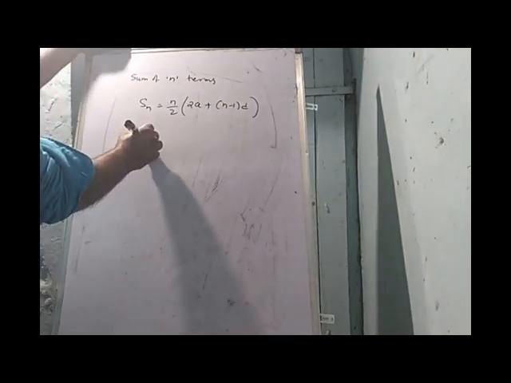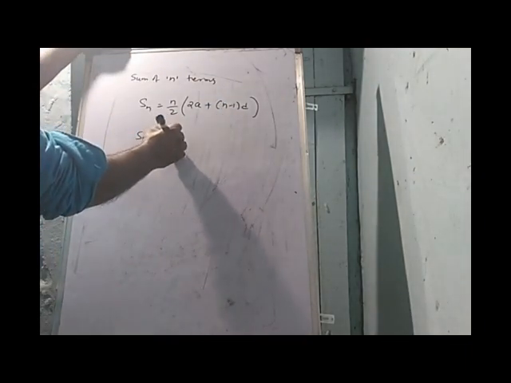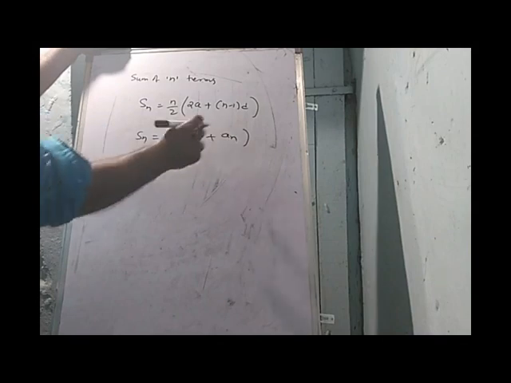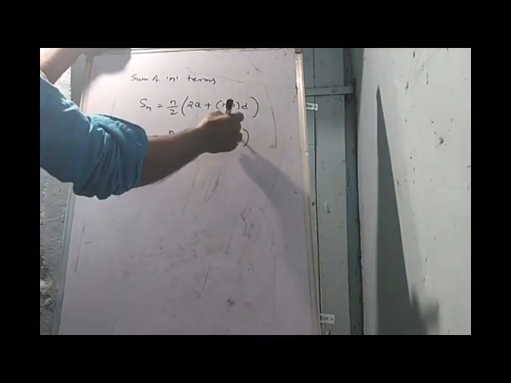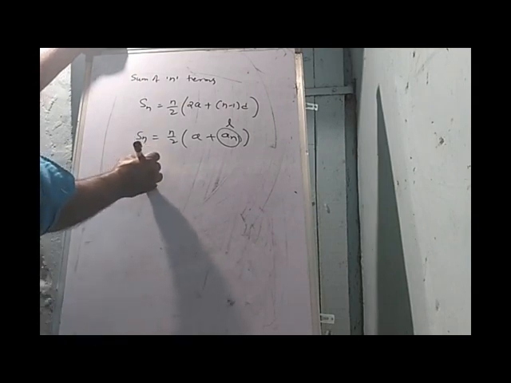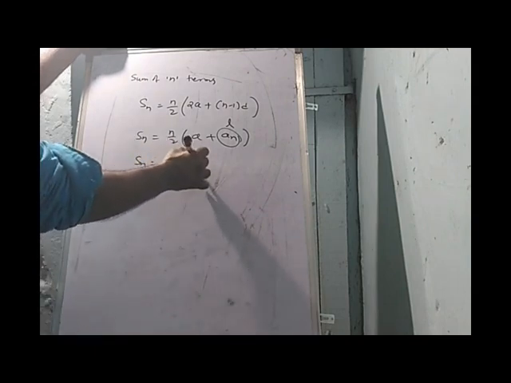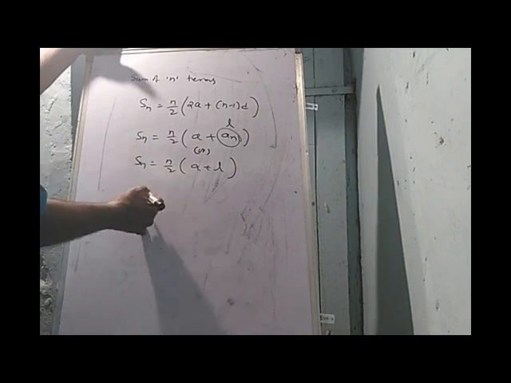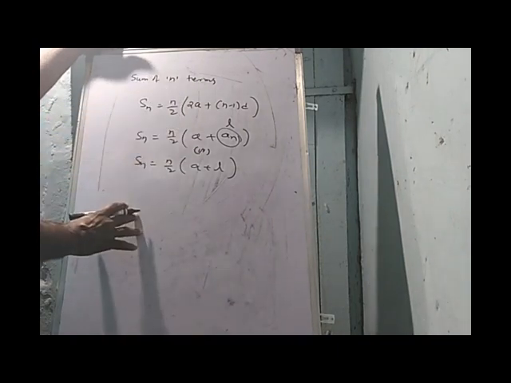Otherwise Sn equals n by 2 of first term plus nth term, the first term and last term. The last term we can also represent as L. So Sn equals n by 2 of a plus L. And we can write the formula based on the terms given.